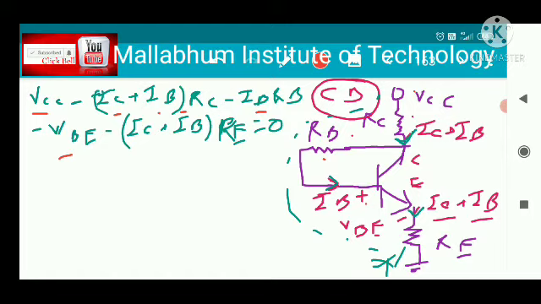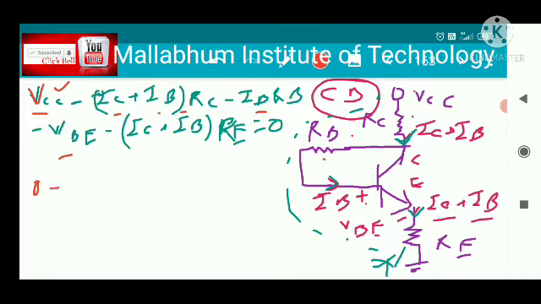Now we differentiate with respect to IC, because IB is not independent of IC here. You can see IB and IC come out in the same equation, so you can easily tell that IB is not fixed, IB is changing with respect to IC. So just differentiate this equation with respect to IC, and the right side will be 0.